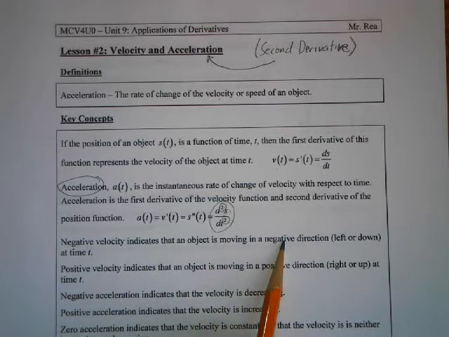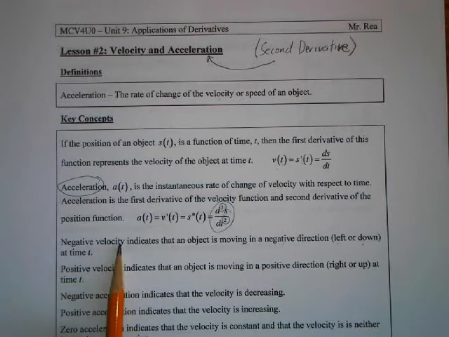The negative direction means the object is going to the left or going down. Remember velocity from vectors: it's not just speed, it's speed and direction. So you have to mention, is it going up, down, left, right? And a positive velocity means that the object's moving in a positive direction, so it could be going up in the air or to the right.